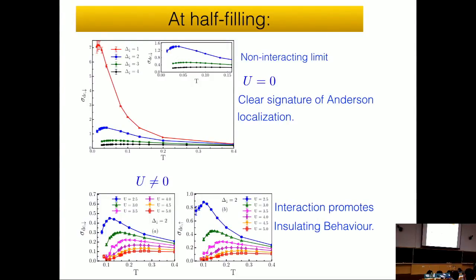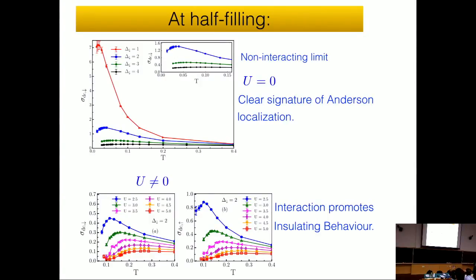As you know, what happens in the spin up sector, which in the Baird theory does not see any disorder. In the spin up sector, because you switch on a U, the spin up guys also see the disorder, and as you can see, they also start localizing, right? So at half filling, as you increase the interaction strength, the localizing behavior becomes more prominent.